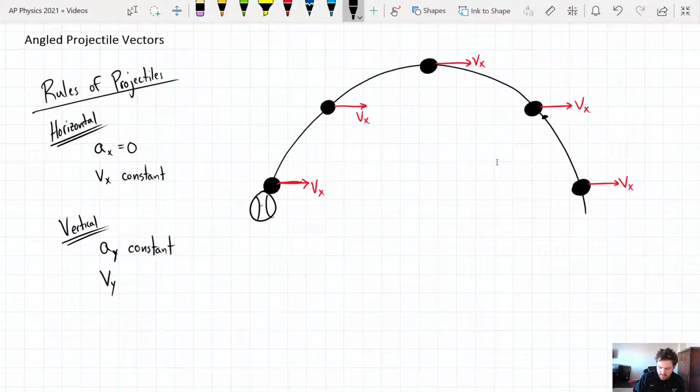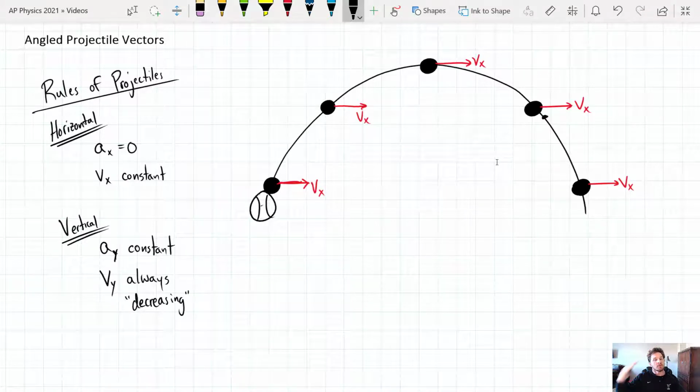Vertical velocity is always decreasing. Remember, we say decreasing because we know that the vertical velocity is always getting more and more negative. It's going down. Okay? So remember, the velocity vectors represent the motion. When this ball is first going up, it has an upward positive y velocity.